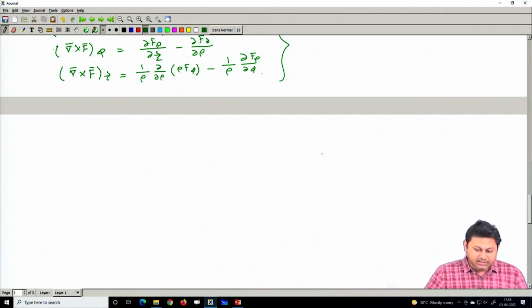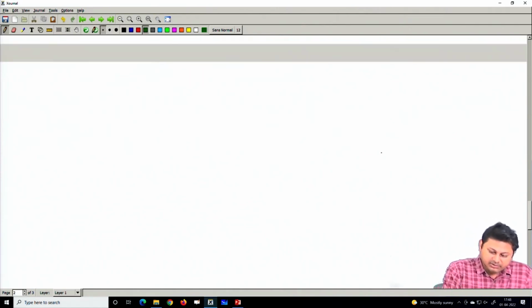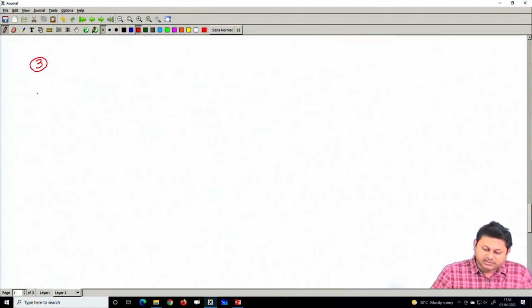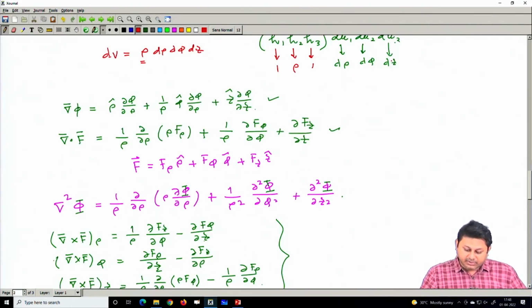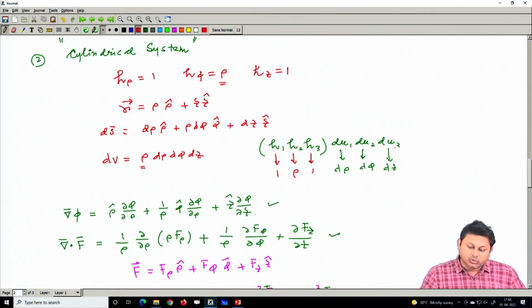And then finally, after the cylindrical coordinate system, I am going to the spherical coordinate system, to see how these things look. More complicated things will be there because of the scaling factors. In cylindrical, just one scaling factor is not equal to 1, the scaling factor rho, and because of this you are having complicated terms.